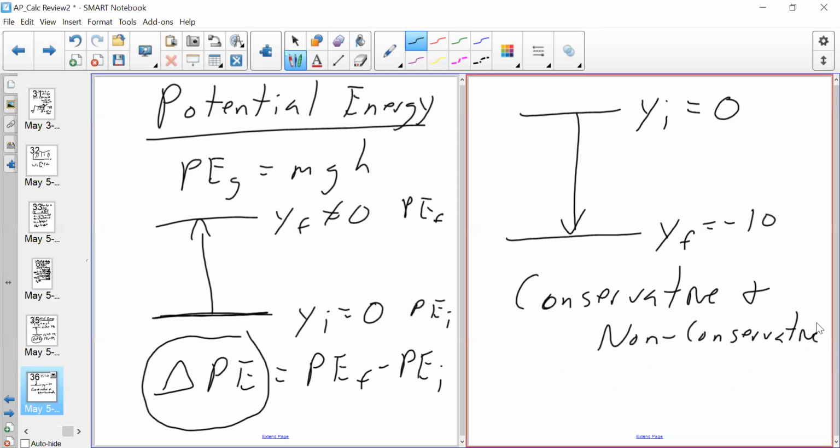Conservative forces: gravity, the force due to gravity, the electric force, the magnetic force. In those conservative force fields, our energy is saved. That's where we get our conservation of energy and momentum, in conservative force fields like gravity.